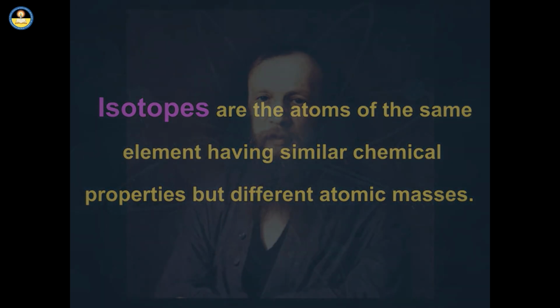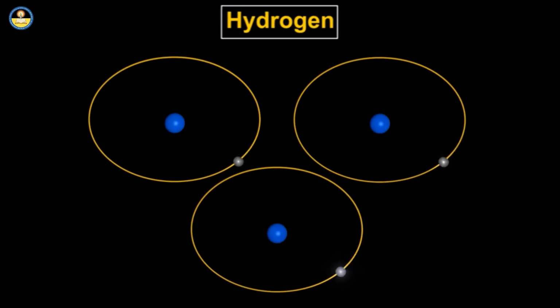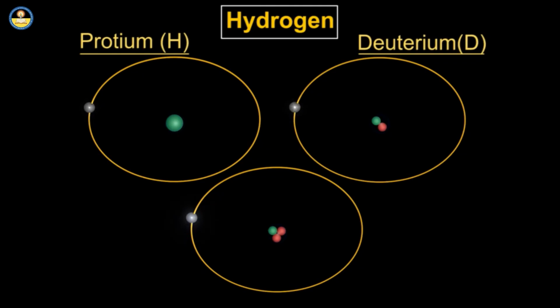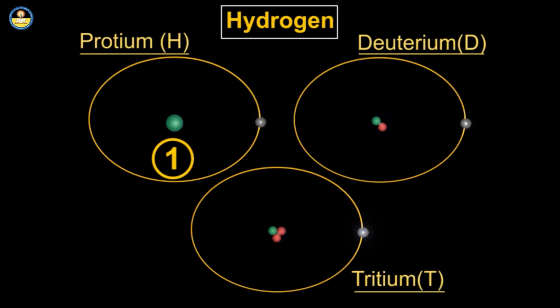For example, hydrogen has 3 isotopes called protium, symbolized by H, deuterium, symbolized by D, and tritium, symbolized by T, having atomic masses 1, 2, and 3 respectively.